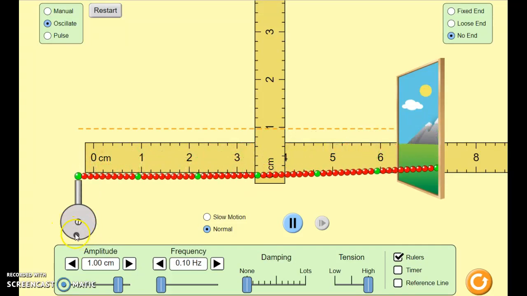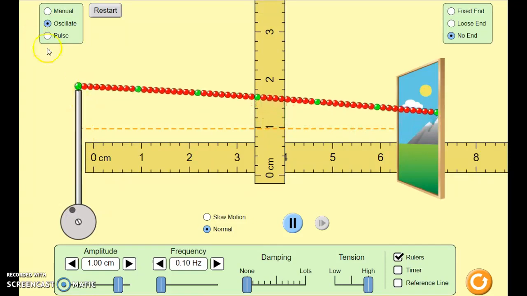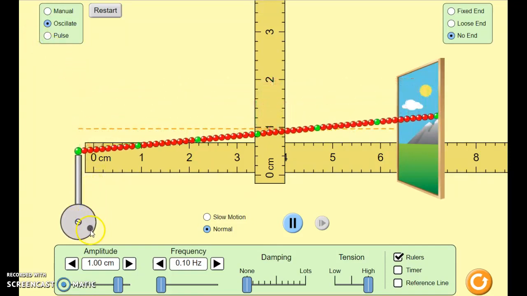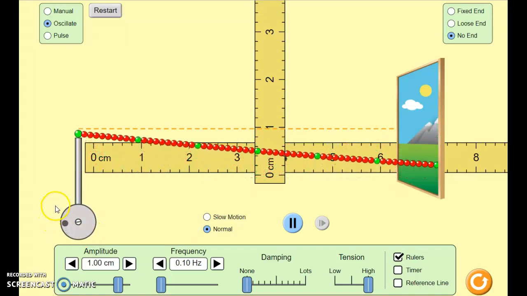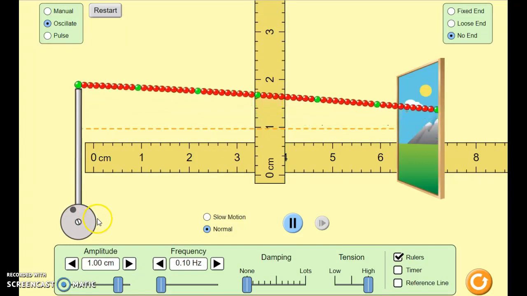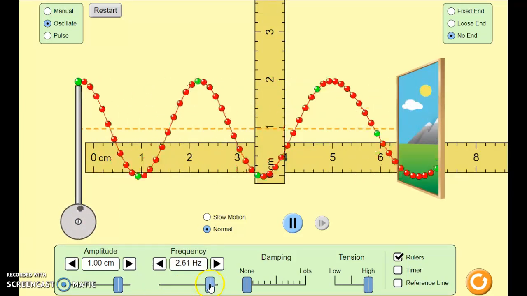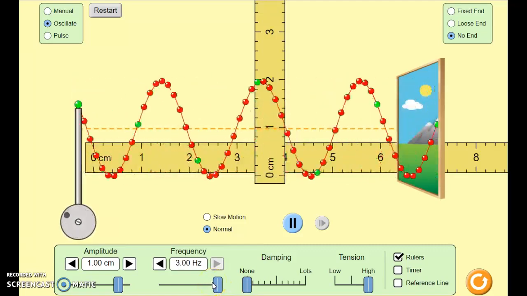this dot is moving around this circle and the piston is going up and down, moving these beads. It takes 10 seconds for it to go around once. And here, if I increase the frequency, now the frequency is 3 hertz.